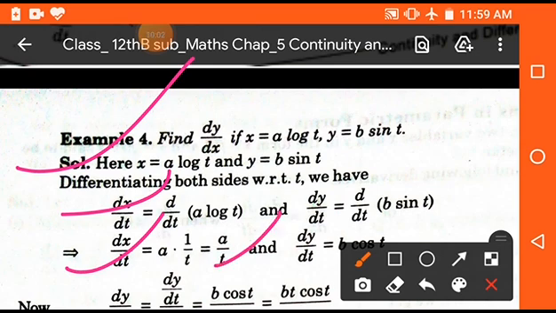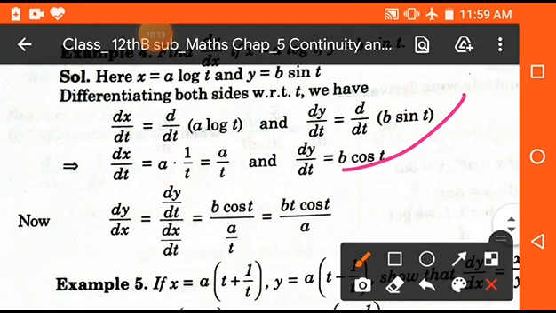We get a upon t. The same way dy upon dt will be equal to d upon dt of (b into sin t). So here we get b into cos t. Now put the values of dy over dt and dx upon dt, we get dy over dx. It will be bt cos t upon a.